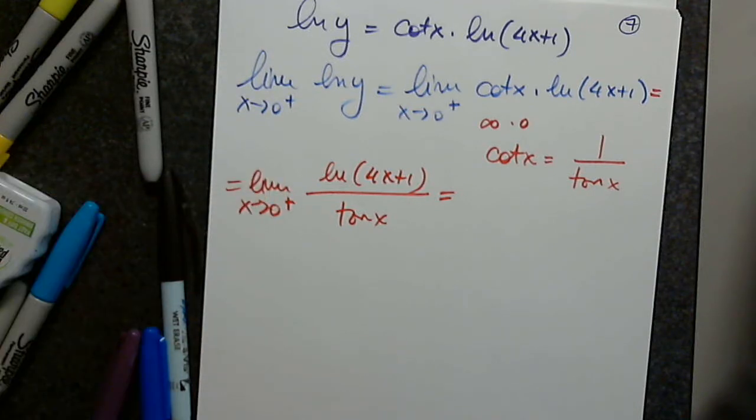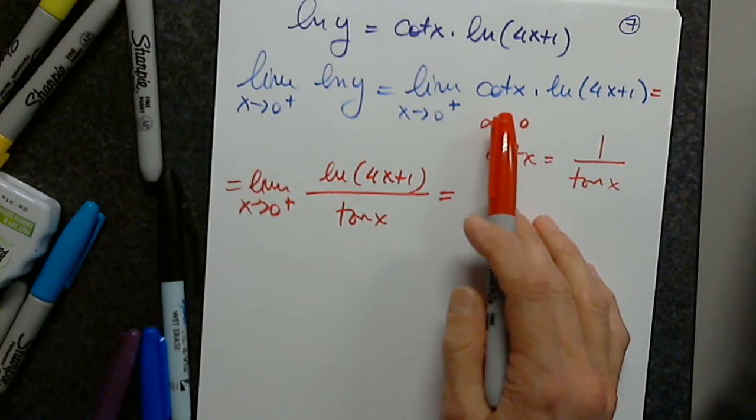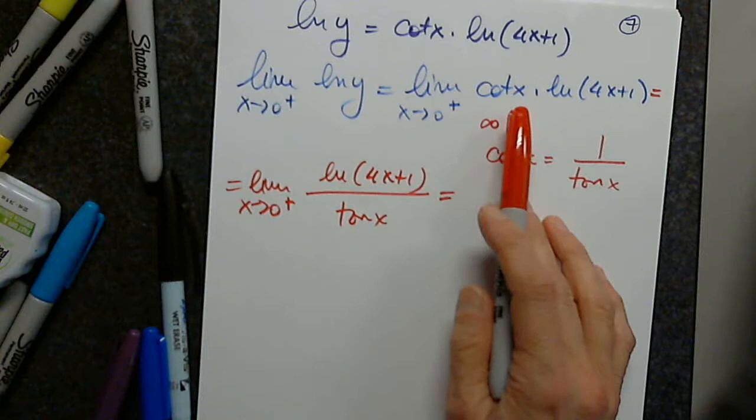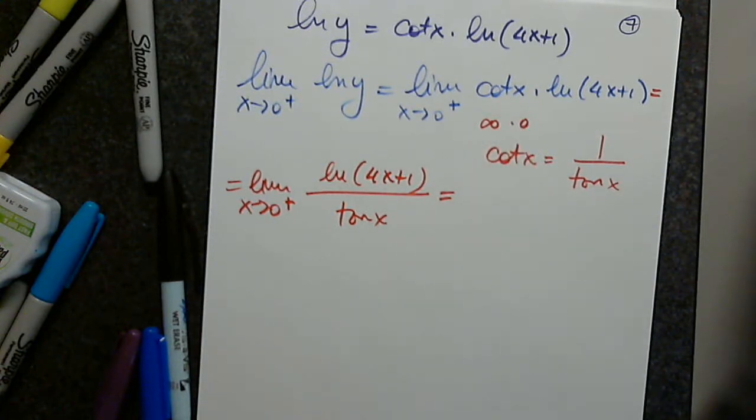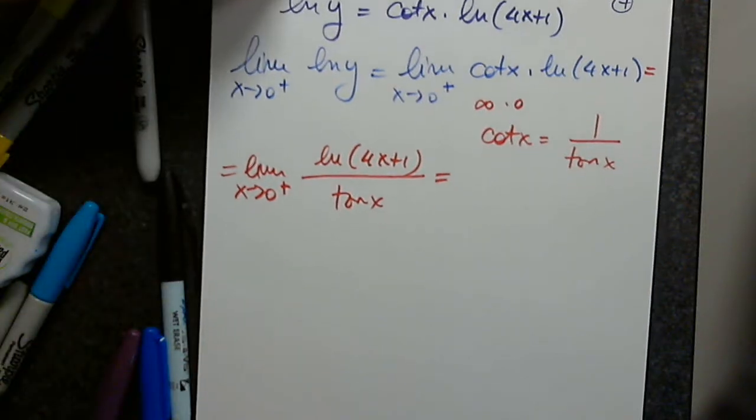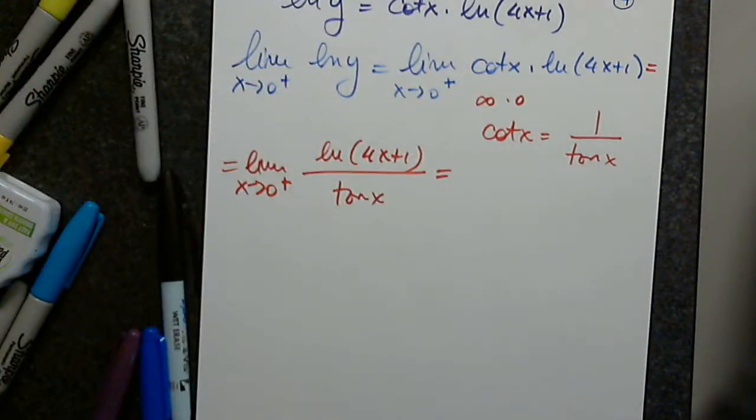Although, I have to say cosine over sine is not bad, because the limit of cosine is 1. So it's not going to be any problem, but you have to separate it. You have to be careful, because if you keep them in there as a product at the top, it will take forever. So that's what I want to avoid. But if you change this into cosine over sine, then you separate the limit of cosine times the limit of natural log over sine, because you are allowed to.